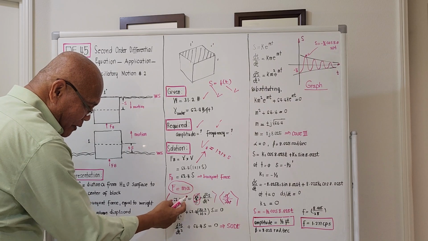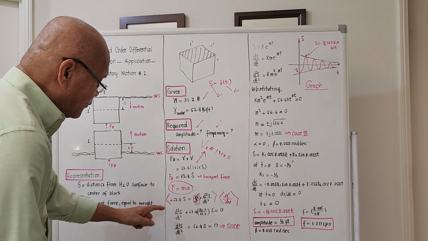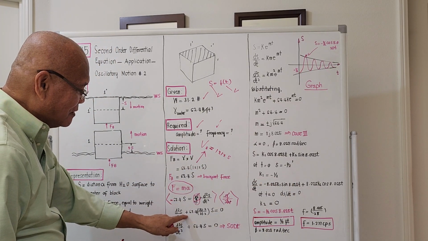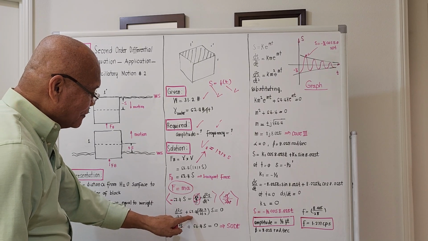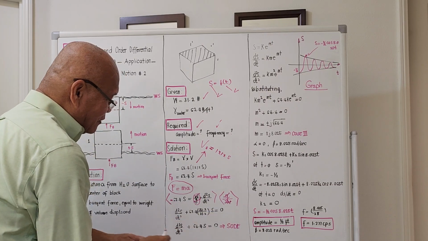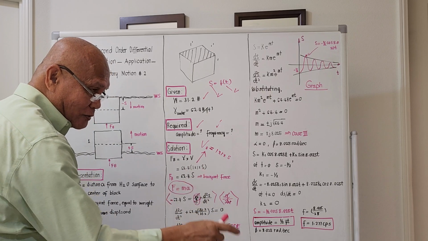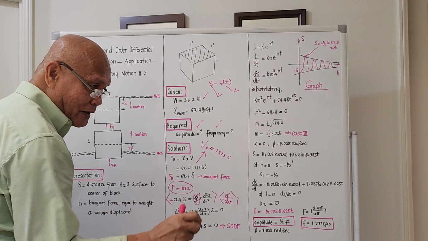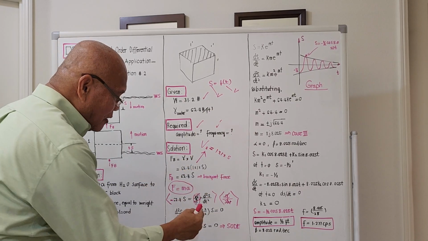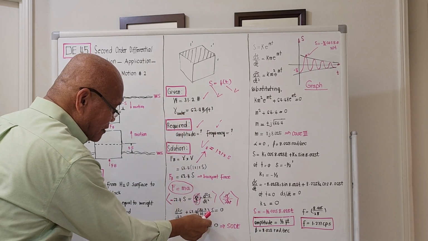So d squared s over dt squared plus 62.4, we put it on the left and rearrange, so this will now be plus 62.4. Since we multiplied all the terms by g over w, this is now multiplied by 32.2, the gravitational acceleration under the English system, that is 32.2 feet per second squared, over the weight. The weight is 31.2 pounds.